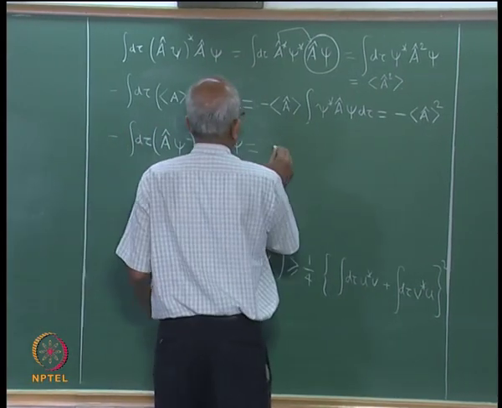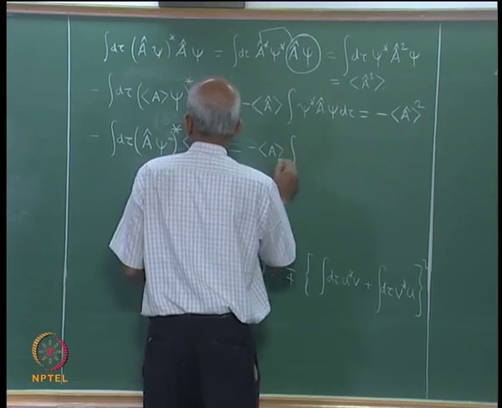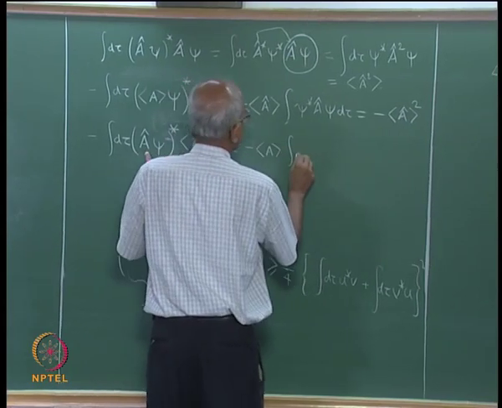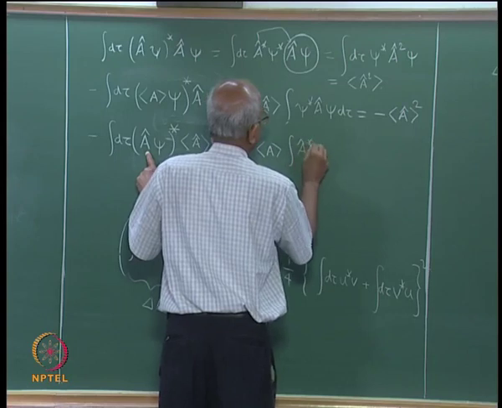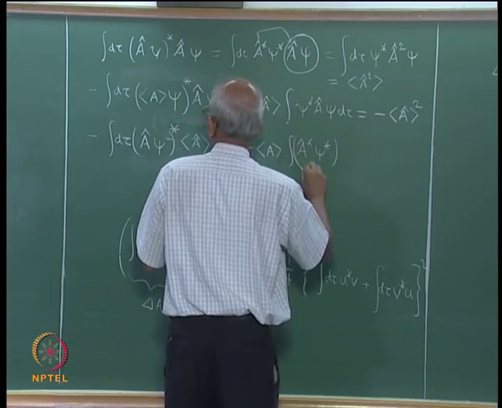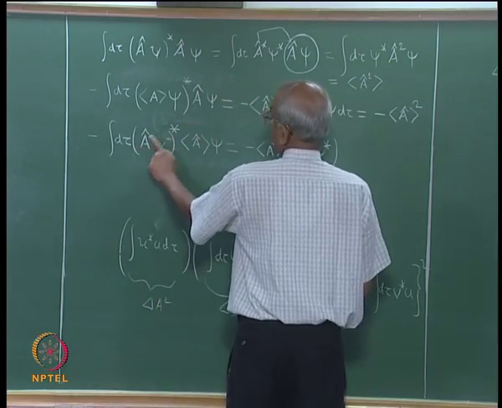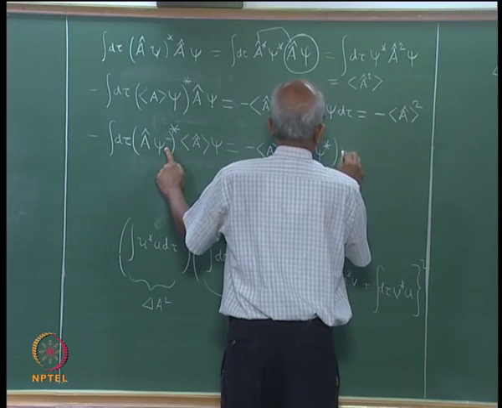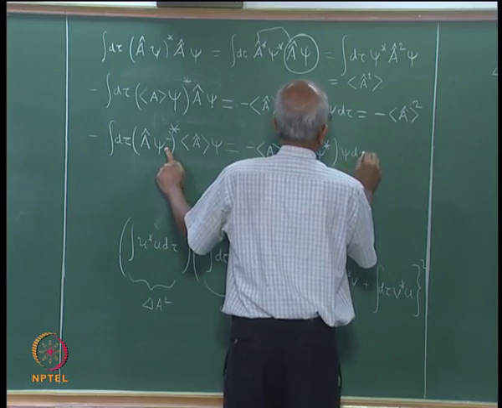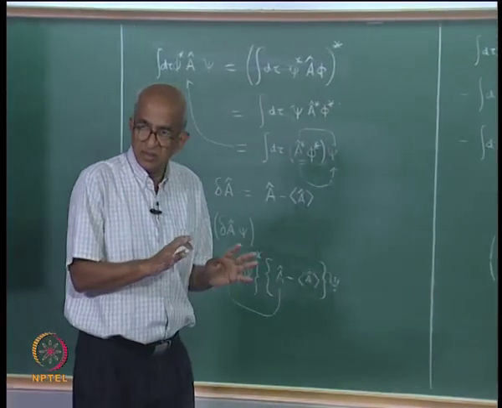A I can take out, so minus expectation value of A integral A star psi star, okay. I take the complex conjugate of this, so I will get A star psi star multiplied by psi d tau, fine.